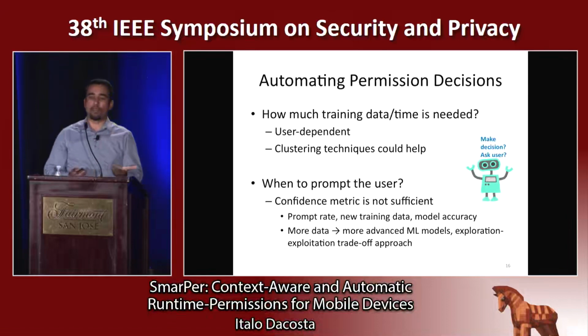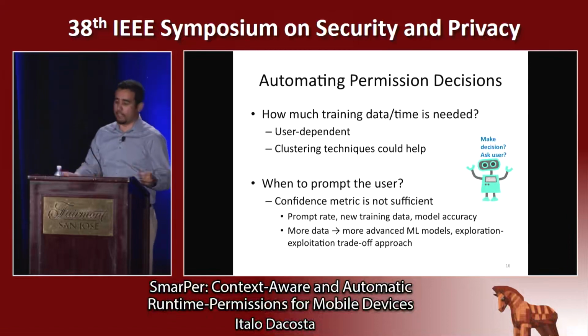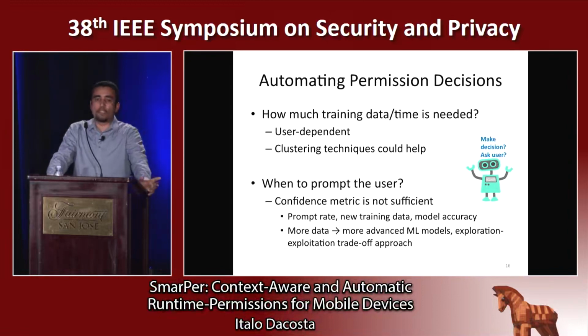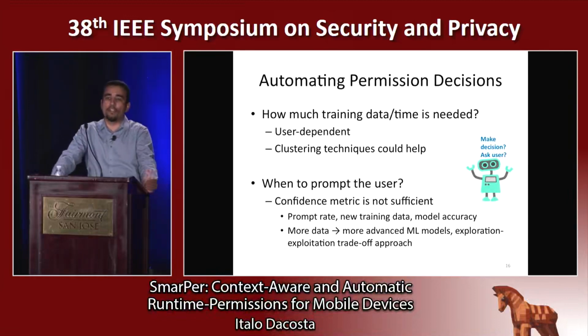Now, we have shown that we can learn to predict user decisions, even with limited amount of data. Now, what is needed to automate decisions? So here we face several challenges. First, we need to determine how much time and training data we need to have enough accuracy to start automating or have accurate predictions.